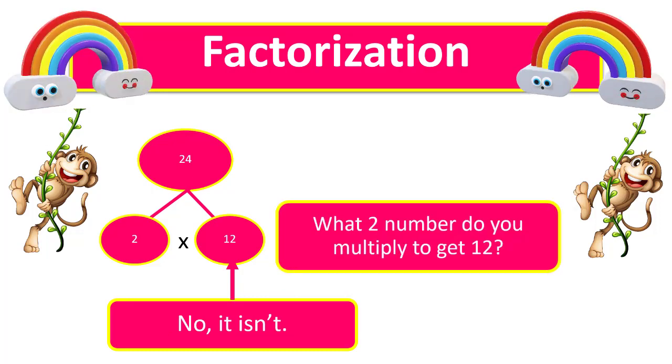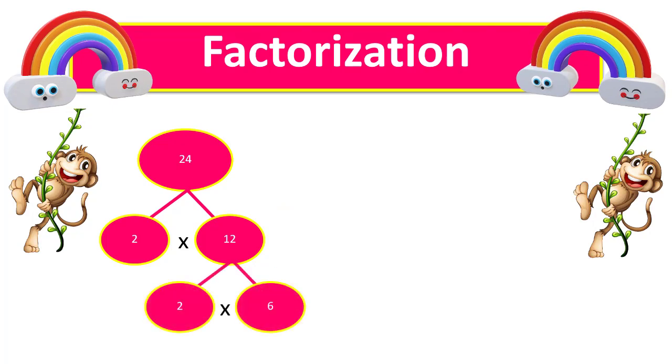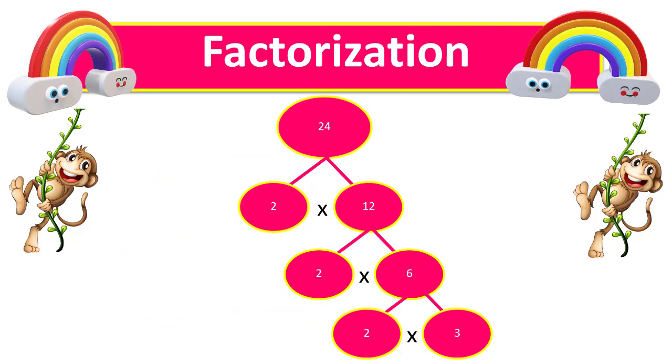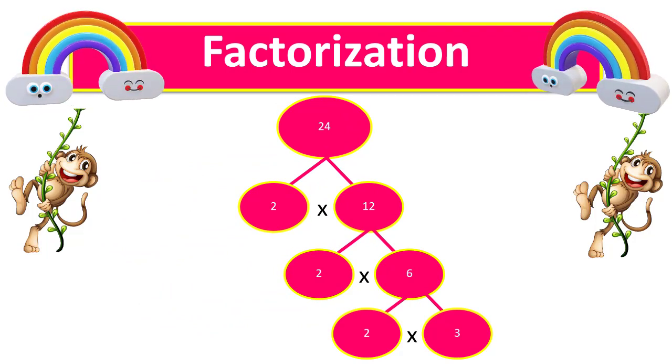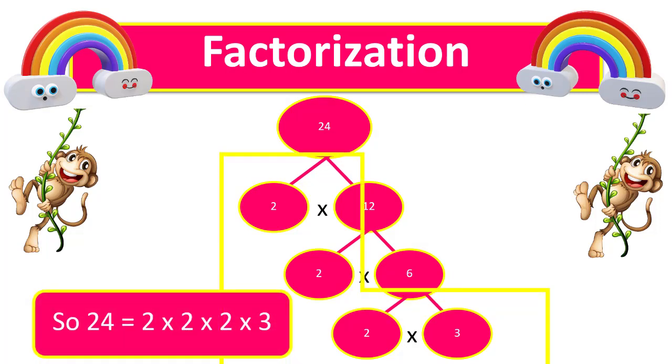So what two number do you multiply to get 12? It's 2 times 6. So, next, 6 is not a prime factor, so we need to factorize 6. And 6 is equal to 2 times 3. So, the factorization of 24 is 2 times 2 times 2 times 3. Excellent.